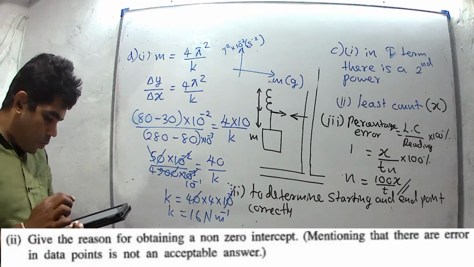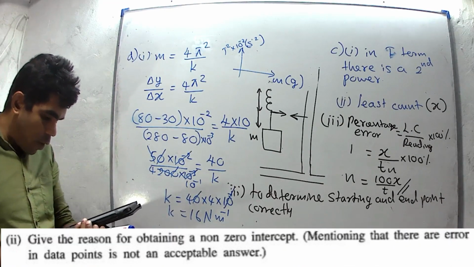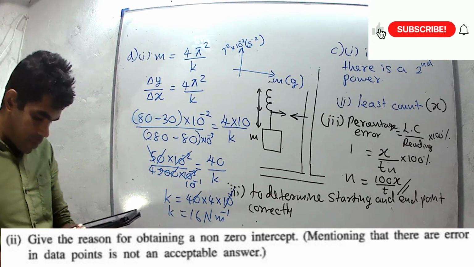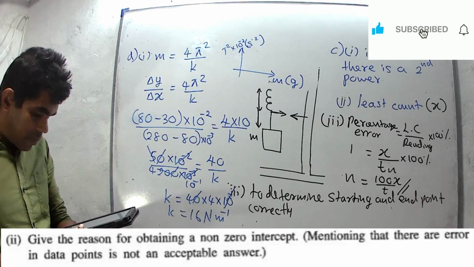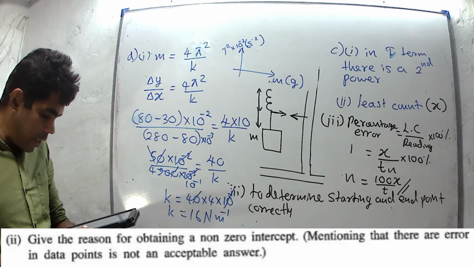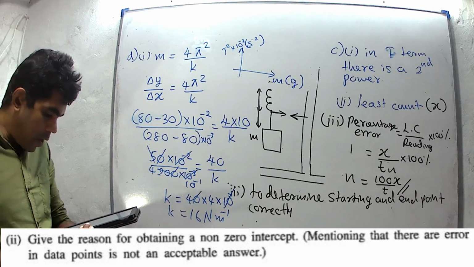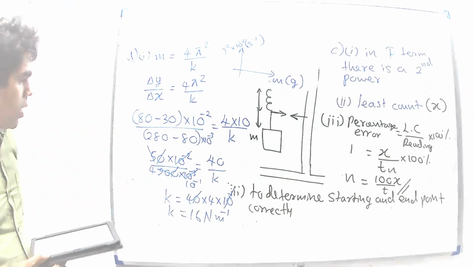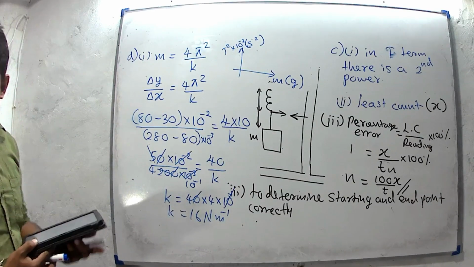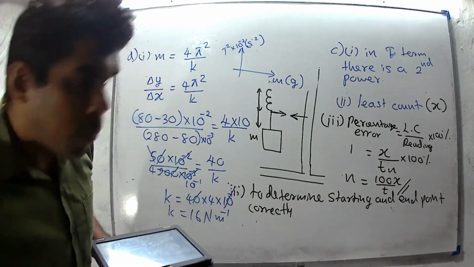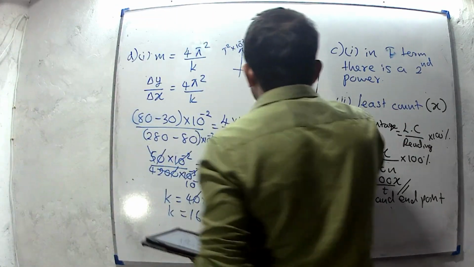In part 2, give the reason for obtaining a non-zero intercept; mentioning that there are errors in data points is not an acceptable answer. According to the equation we have found, we know that the graph should be of the type y equals mx.